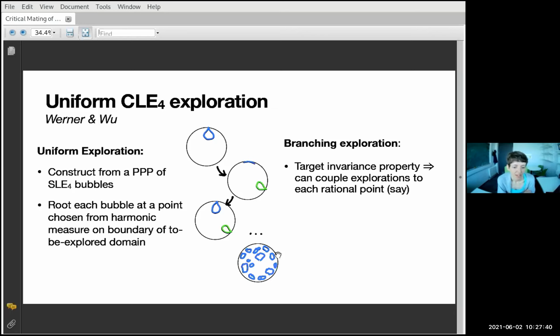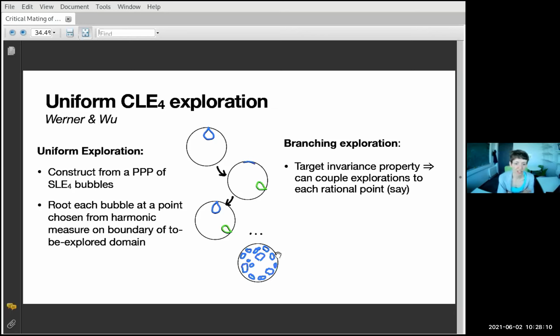There's a bit of a subtle point which I need to briefly mention. What I've now described is a branching exploration, or a branching dynamic way of constructing a CLE4. So that's a coupling of this exploration procedure together with the CLE4 that it generates. But the point of view I would really like to take is that I have a CLE4, and associated with it, I have this exploration procedure.